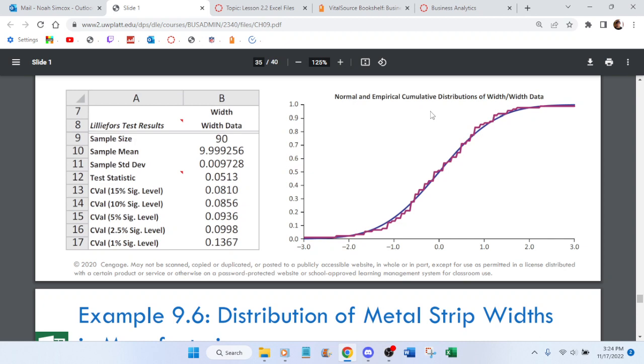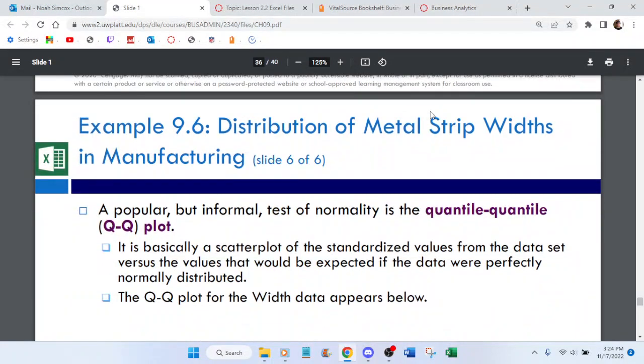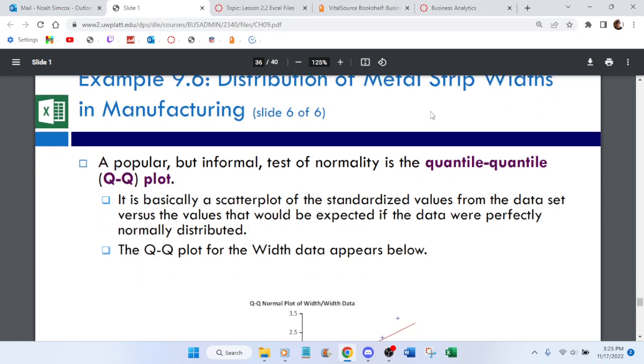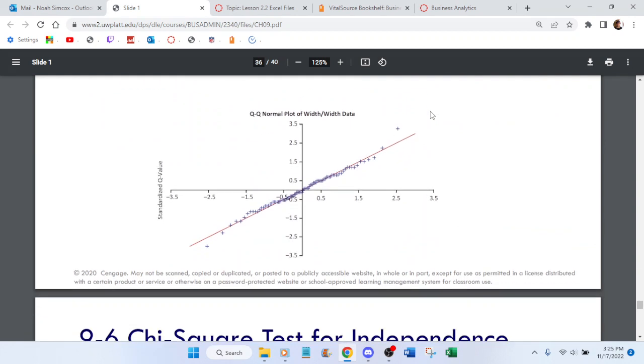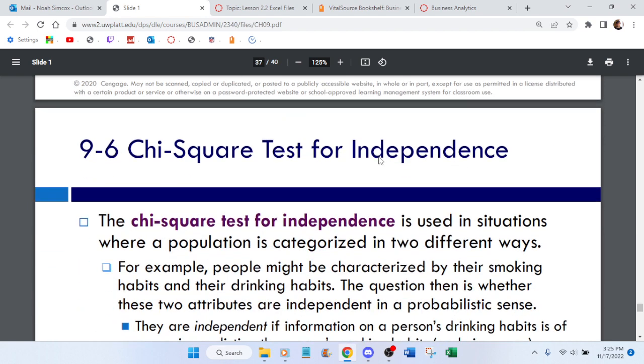What? Ooh. Quantile plot. Oops. You messed up. Why is this? Chi-square tests for independence?